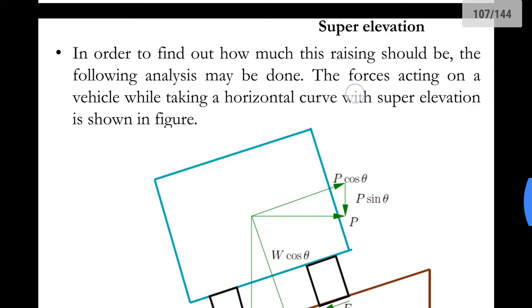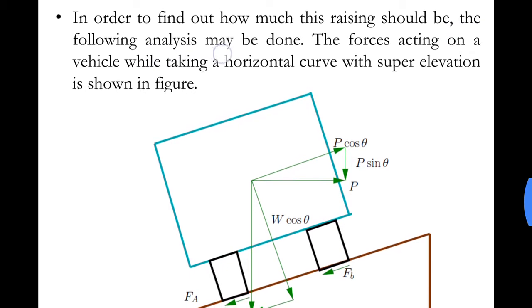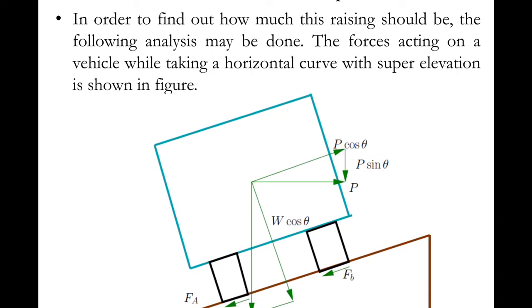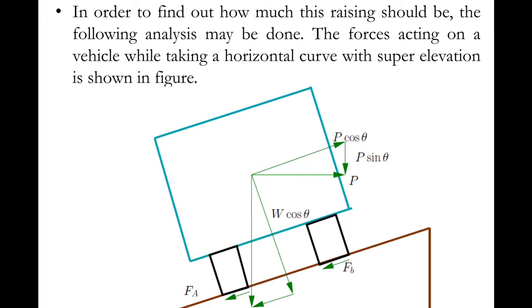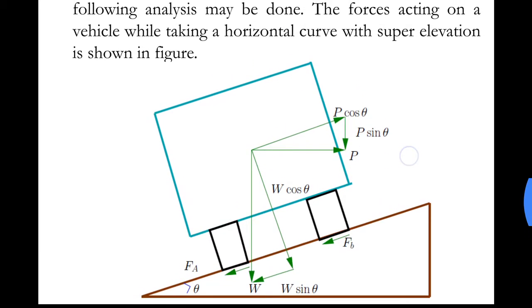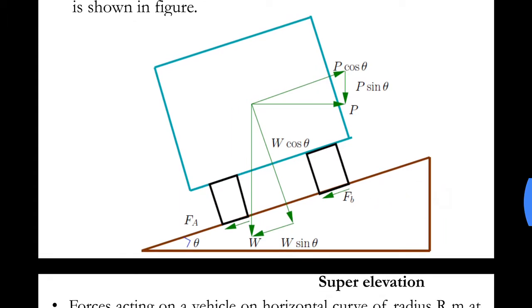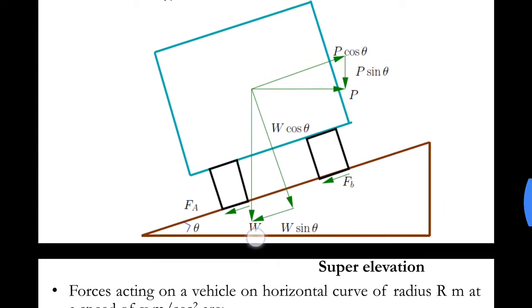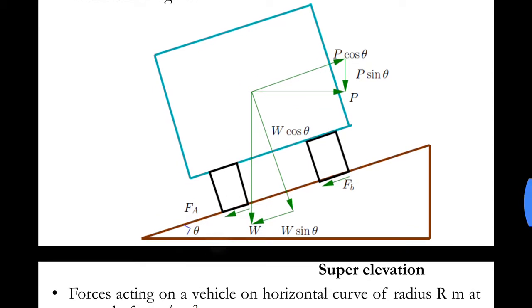In order to find out how much this raising should be, the following analysis may be done. The forces acting on the vehicle while taking a horizontal curve with super elevation are shown in the figure. Now consider this diagram. This is the outer edge that has been raised. This is the inner edge. The angle between the horizontal and the raised edge is theta.